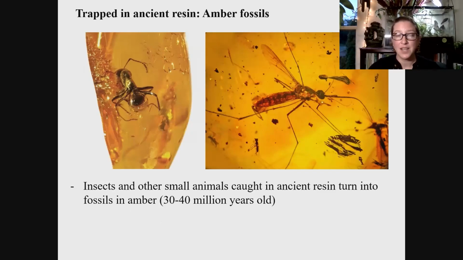In addition, that resin is why we have these things called amber fossils. So again, back to Jurassic Park, I don't know if you've seen that movie, but there's a whole scene where there's a mosquito in a piece of amber and they use that to get the DNA. But the point is, amber is a thing.